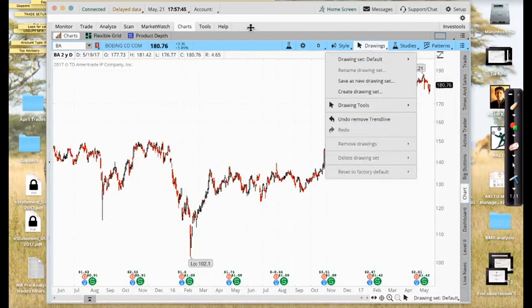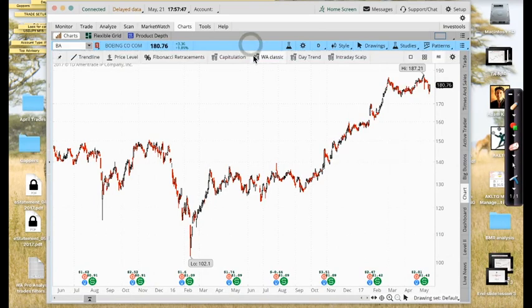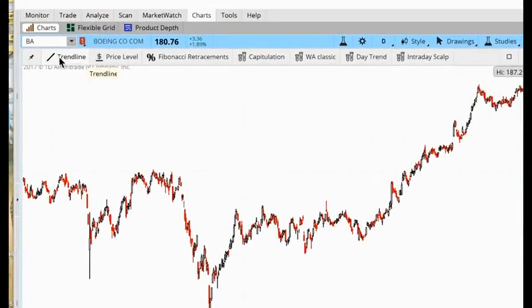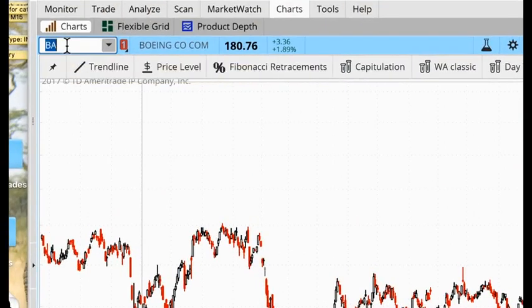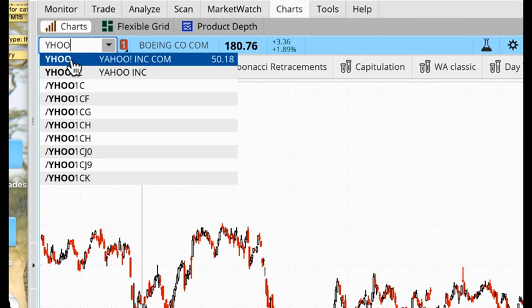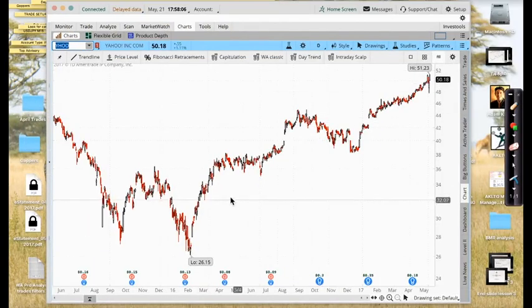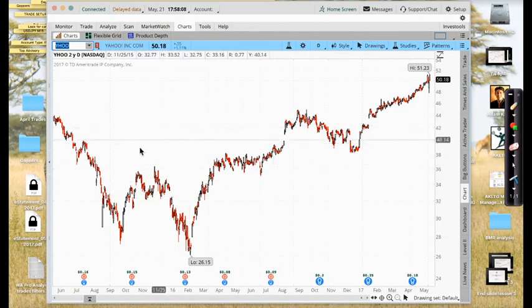I've also created a customized bar over here where I could draw the trend line or the price level as well. Now I can put in the name of any stock I want. For example, let's look at Yahoo. I key in the ticker symbol and it's going to plot Yahoo for me, and I can define the time interval as well.